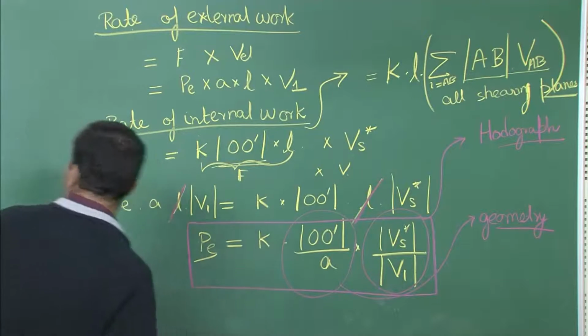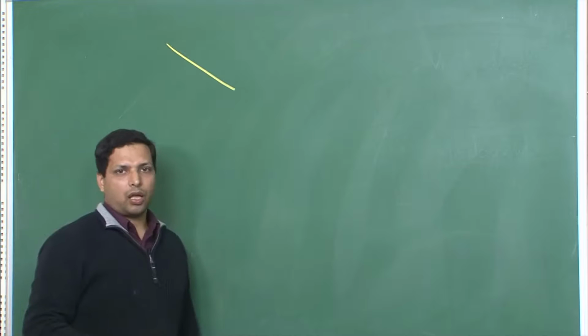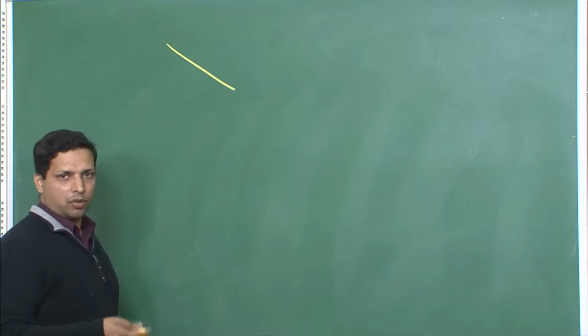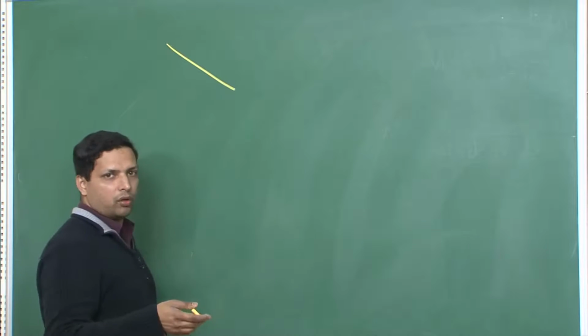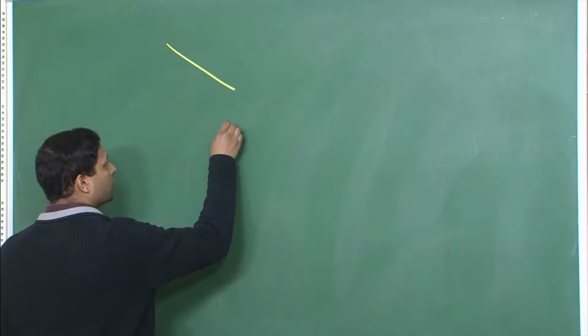So, let me take another example which is of extrusion. While solving this problem, I will also take you through some important guidelines that you must follow to be able to solve this, first to get the hodograph and then eventually to solve the pressure values or the force values.